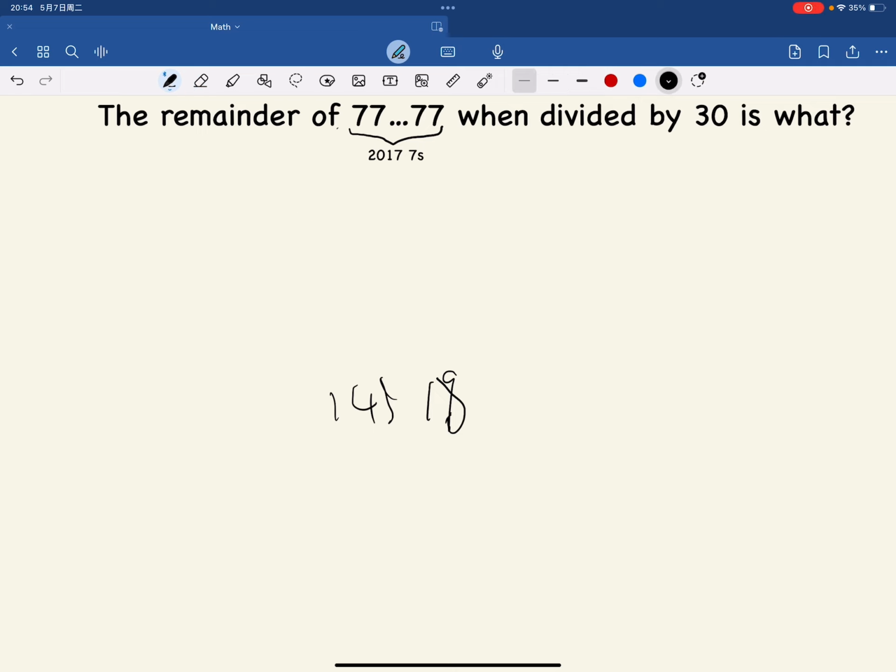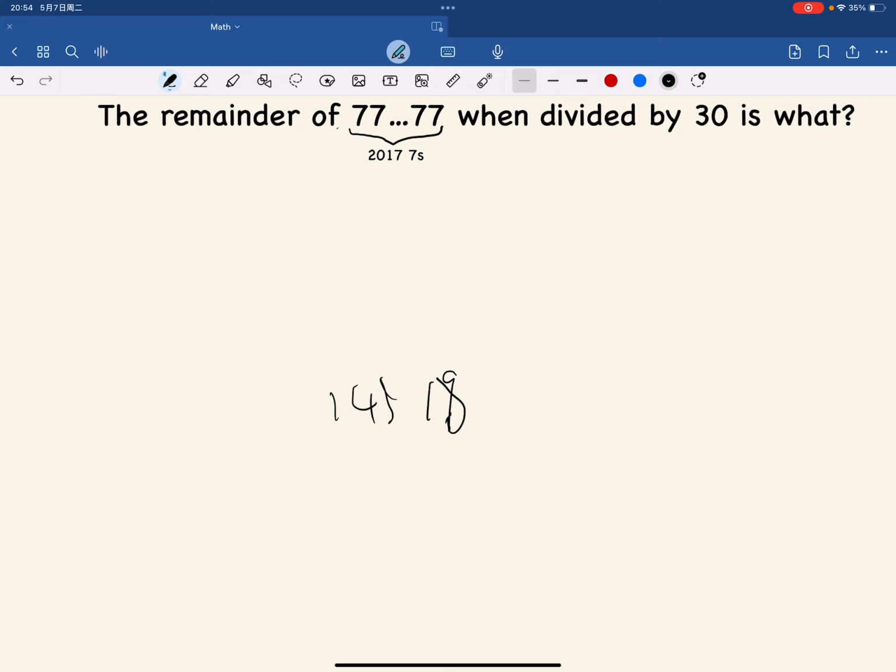So in this number, since it can only be divisible if we have one less 7, that would make it end on a 6. So instead of being 2017 sevens, we can change it to 2016 sevens, and then the last number is a 6. So that will make it divisible by 3.